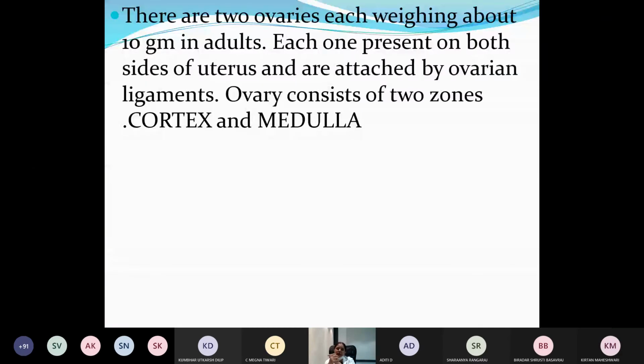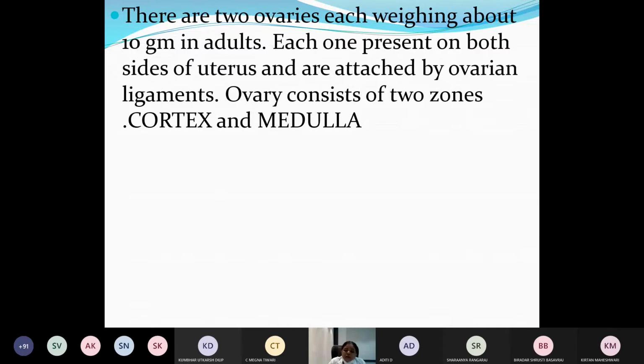So, there are 2 ovaries, each weighing about 10 grams in adults, one present on each side of the uterus and attached by ovarian ligaments.